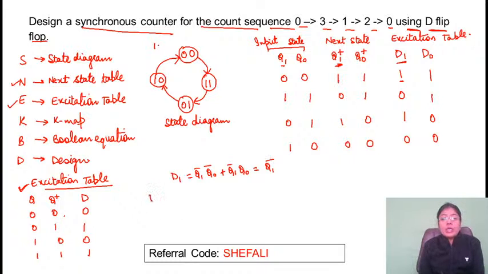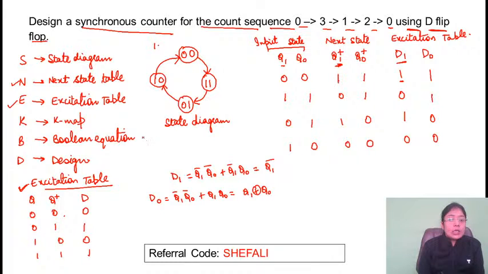Similarly, write the Boolean equation for D0. Getting 1 here, so that is Q1 complement, Q0 complement and Q1, Q0. That is nothing but Q1 XOR Q0. Clear?